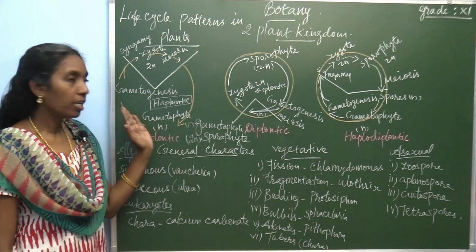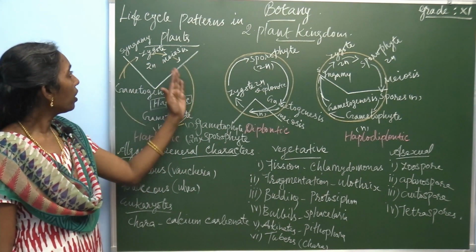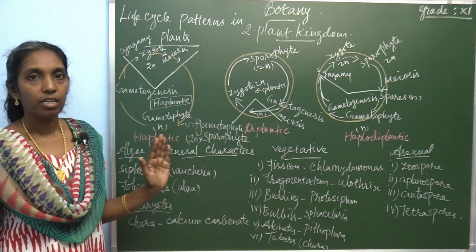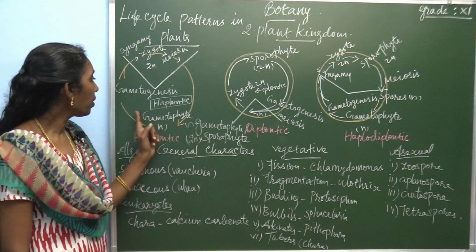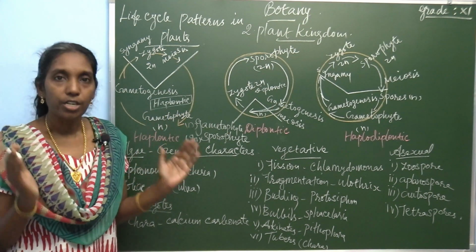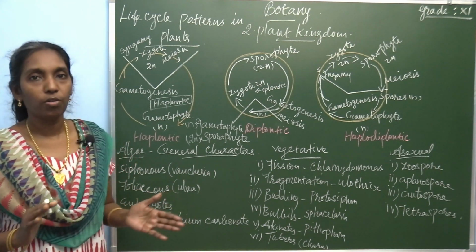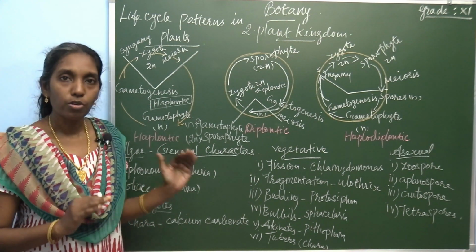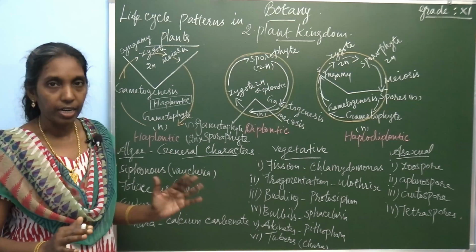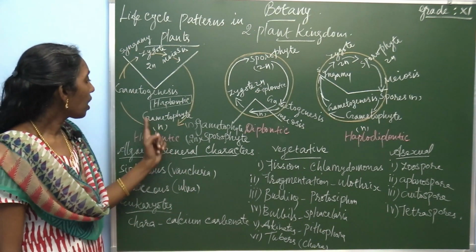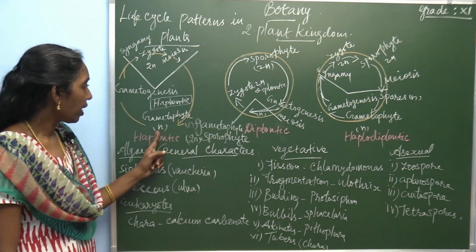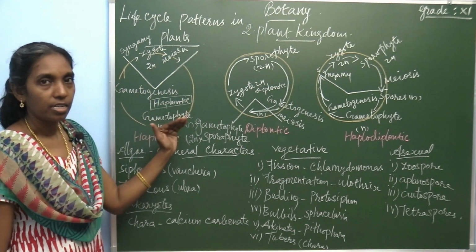In the haplontic life cycle pattern, the haploid gametophytic phase is dominant over the sporophytic phase, and it is photosynthetic and independent. So this haploid gametophytic phase, N, is dominant.